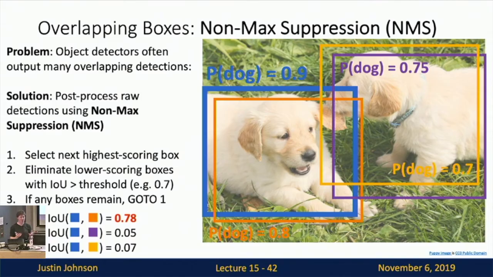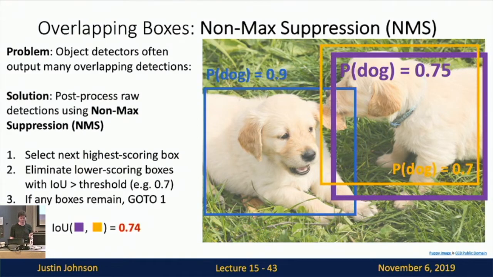It's likely that they were just duplicate detections that fired multiple boxes on the same object. So any boxes that have IOU greater than that threshold with our highest scoring box, we simply eliminate. In this example, the blue box and the orange box have an IOU of 0.78, so we will eliminate the orange box.